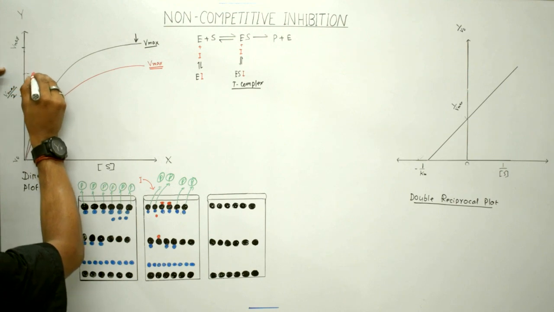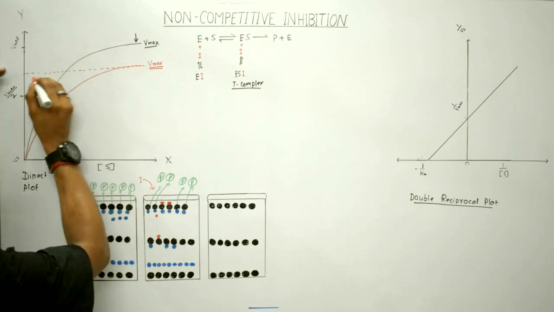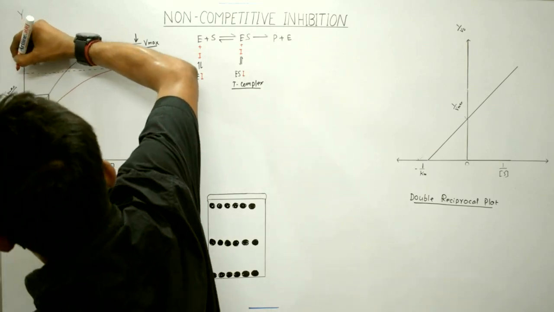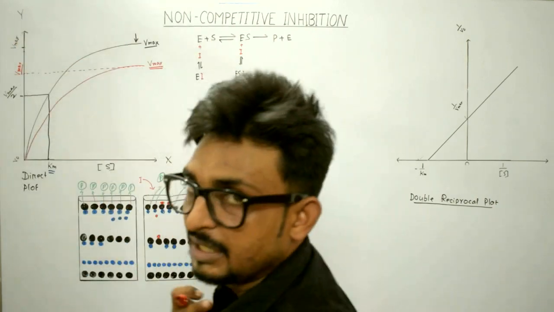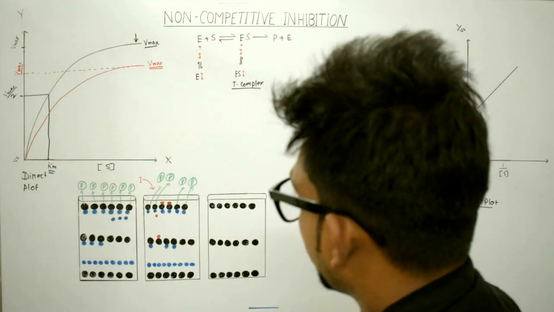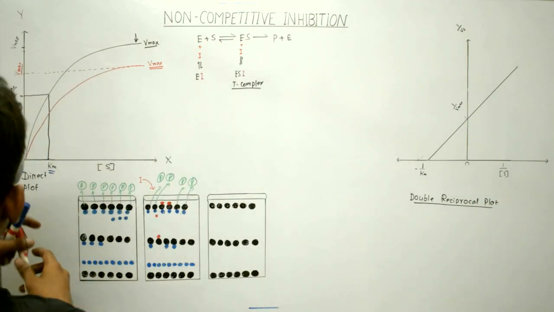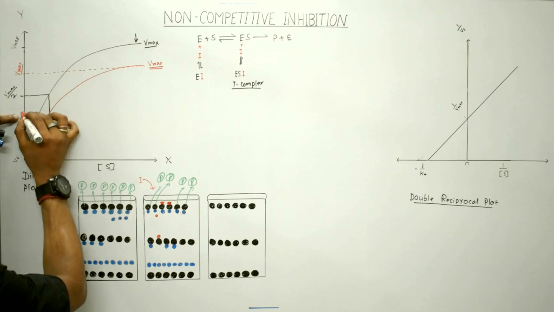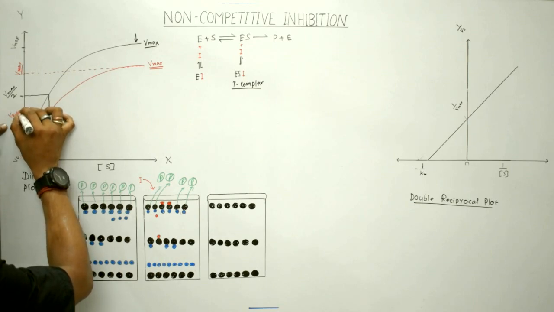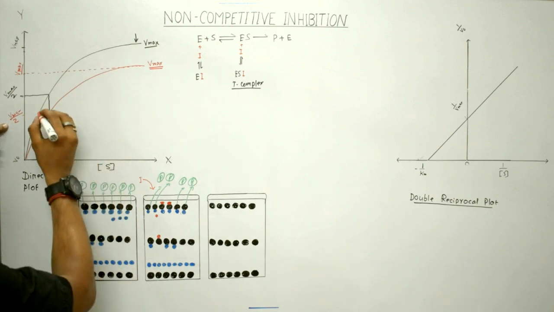Somewhere, this particular line is the Vmax for the inhibited reaction when we add the inhibitor in the medium, and this one is the half of the Vmax. This is the Vmax by 2 for this inhibited reaction.